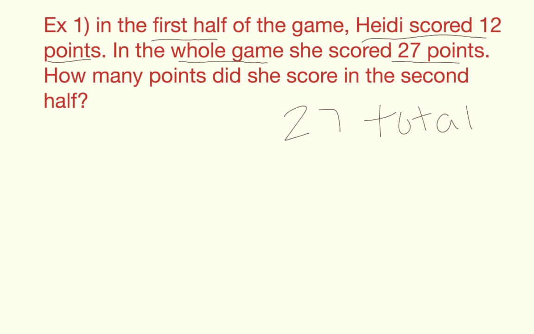And like I said, when we have an addition equation, we have one part plus a second part equals our total. And because we have our total, that means we're missing one of these parts. To figure out what that other part is, we're going to take what we know, which is Heidi scored 12 points in the first half, and subtract it from our total.